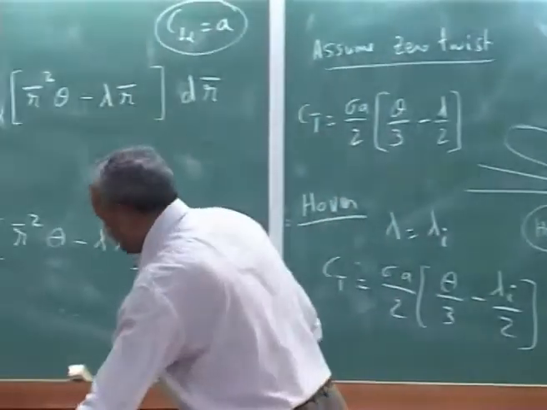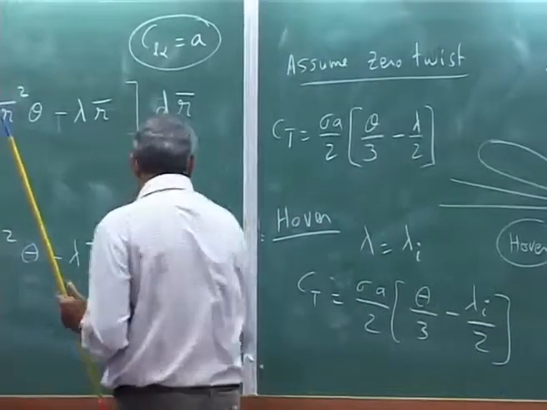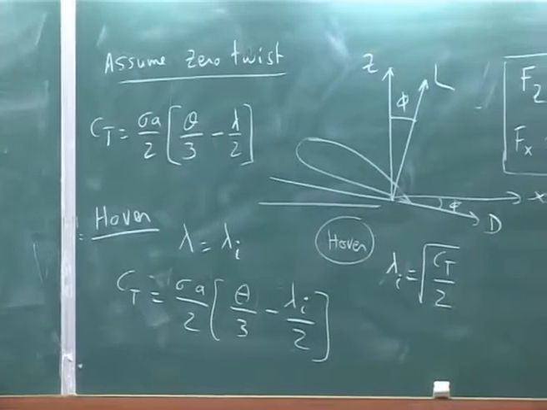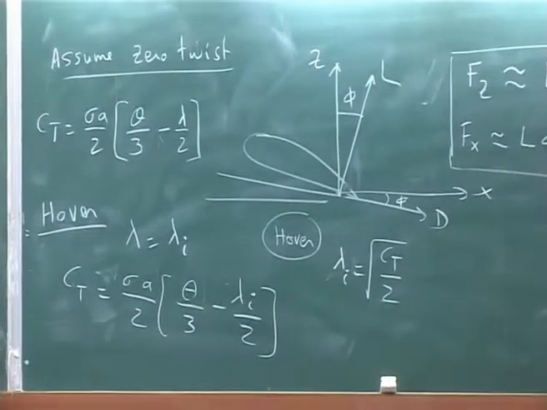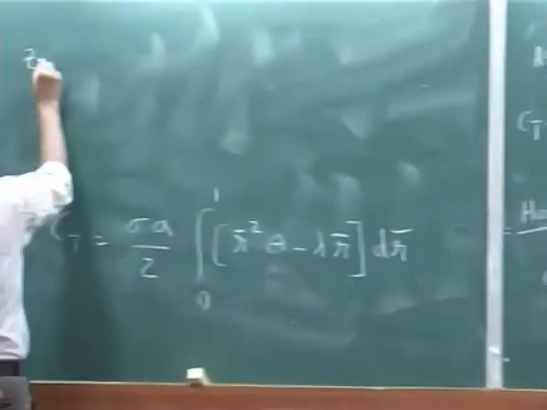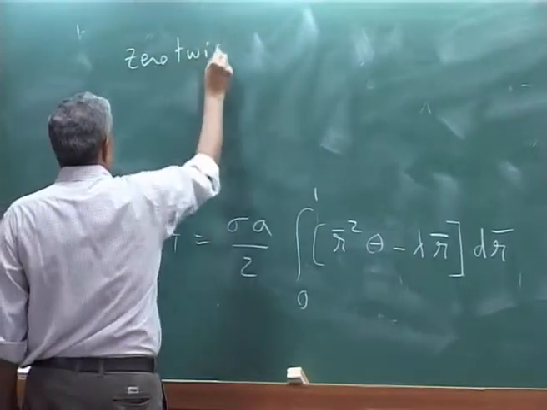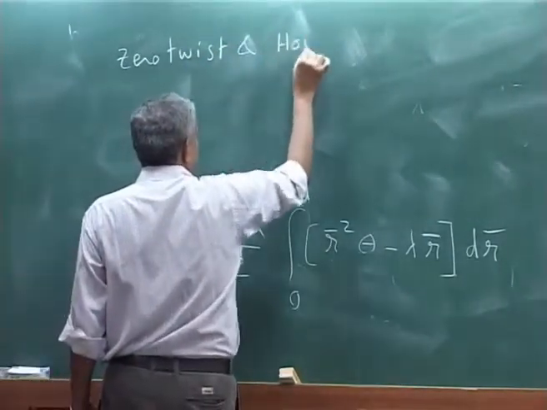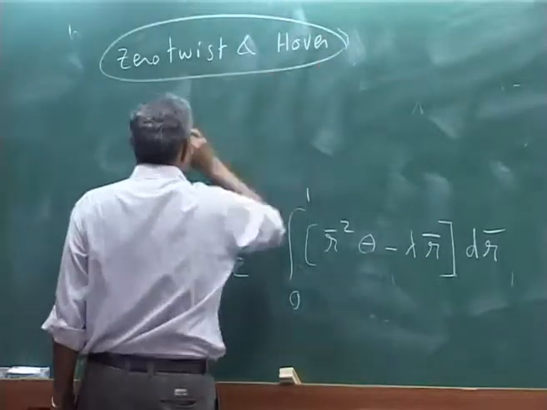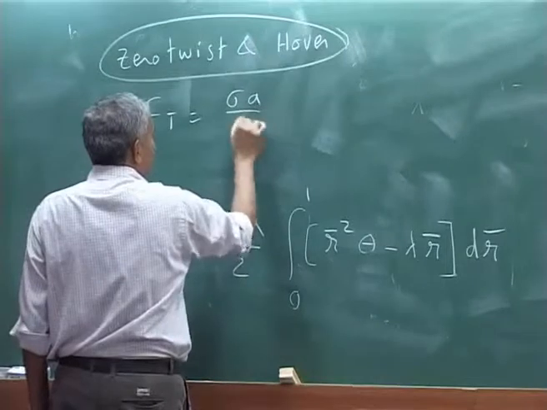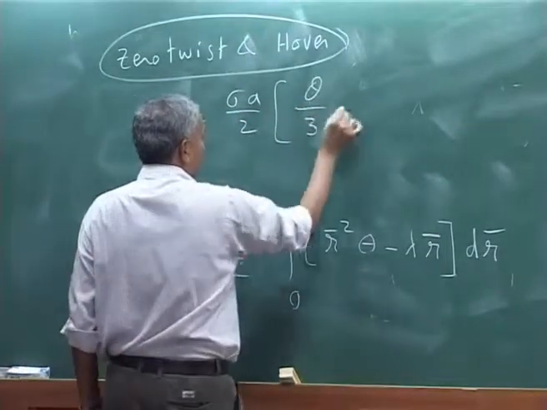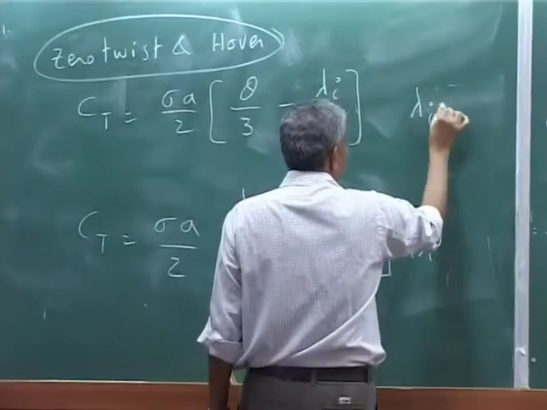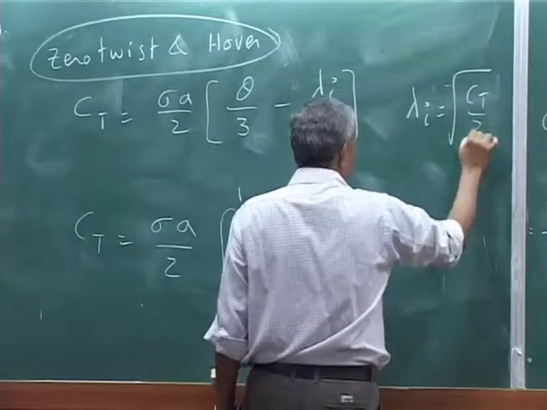Now I will just compile this stuff and then write it here. Later we will see the twist part, right now untwisted, zero twist. So I have CT, zero twist and hover, please understand, because I am doing both. CT becomes sigma A over 2, theta over 3 minus lambda I over 2, and lambda I from momentum theory is root of Ct over 2.